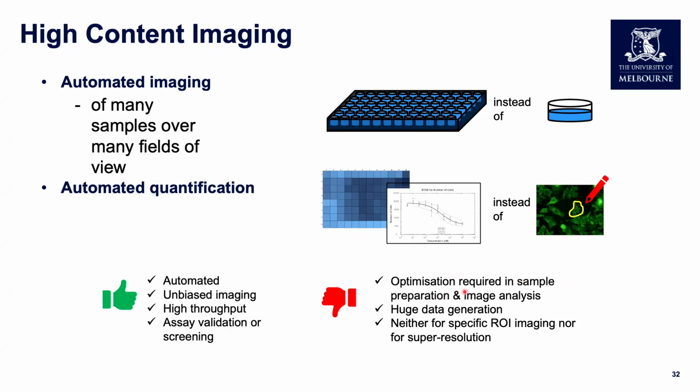So sample prep is key. The image analysis workflow is key. It can generate huge amounts of data. And it's not specific for single regions of interest. We can't define this position in this well and this position in that well. It's just going to image the same region in each of the wells that you tell it to.